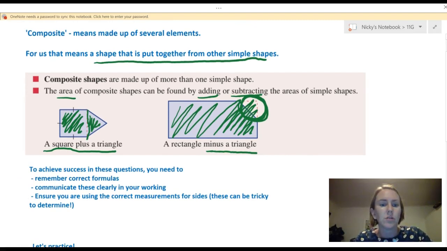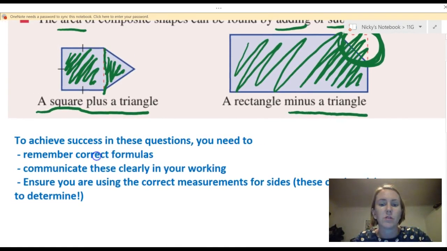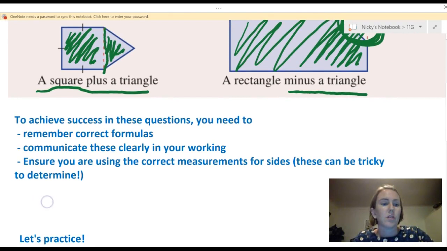Okay, so I just made a little checklist here of things to think about when you're doing these questions. To achieve success in these questions, you need to remember the correct formulas that we've looked at, so areas of squares, rectangles, parallelograms, and triangles. Communicate these really clearly in your working, and I'm going to show you the most logical way to do that in a moment.